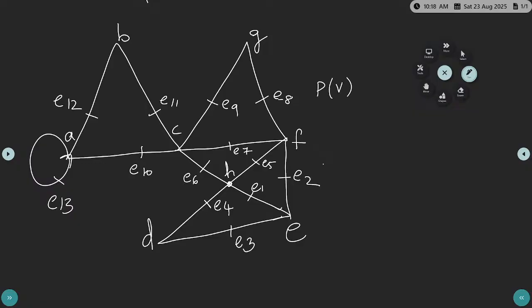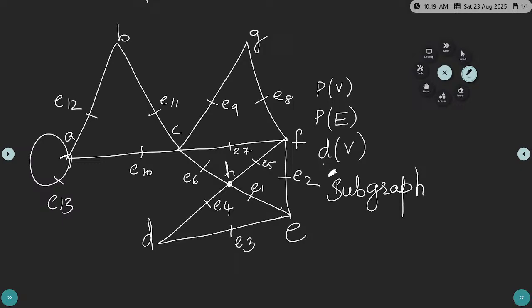Pendant vertex, pendant edge, degree of a vertex. Next, in-degree is not there, leave it. Subgraph, next degree of a vertex. The next one is even degree, odd degree.